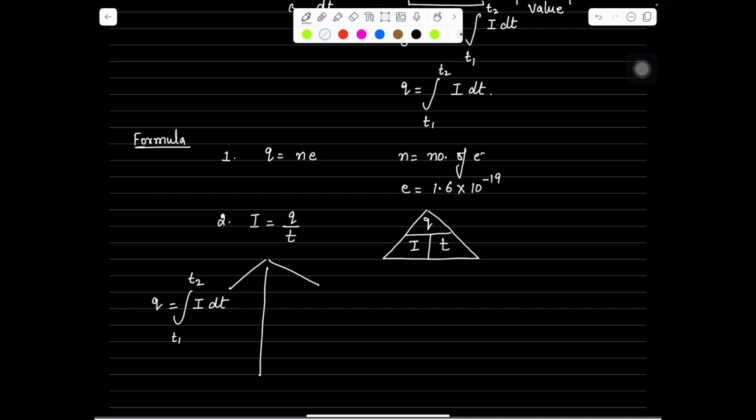And if you are looking for the current, I = dq over dt.